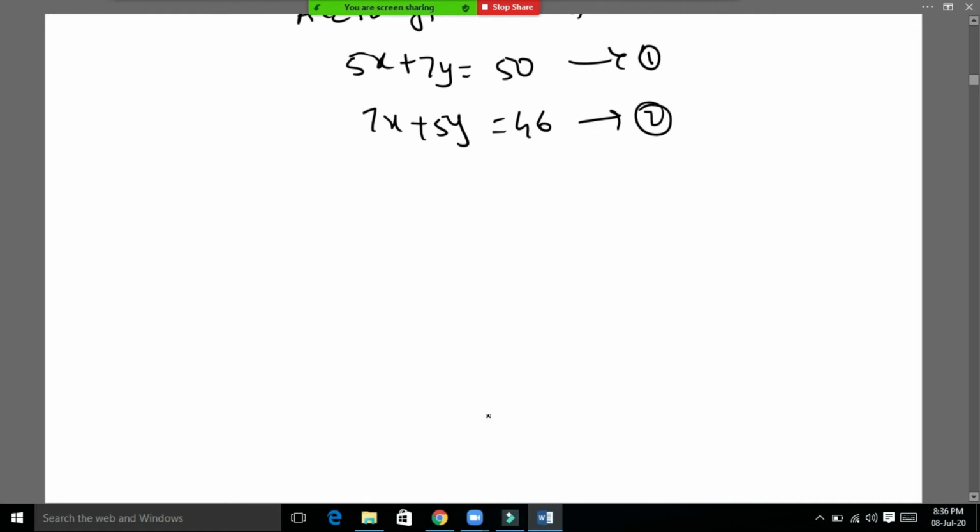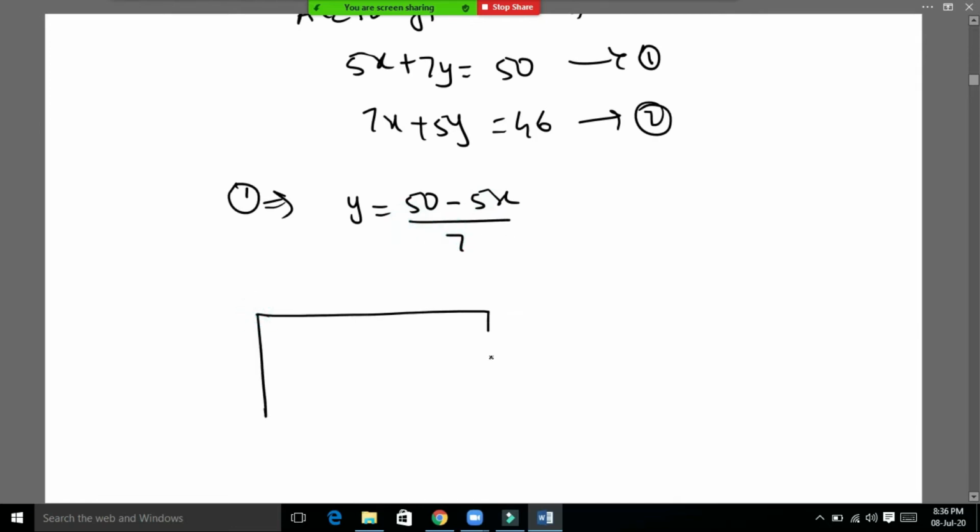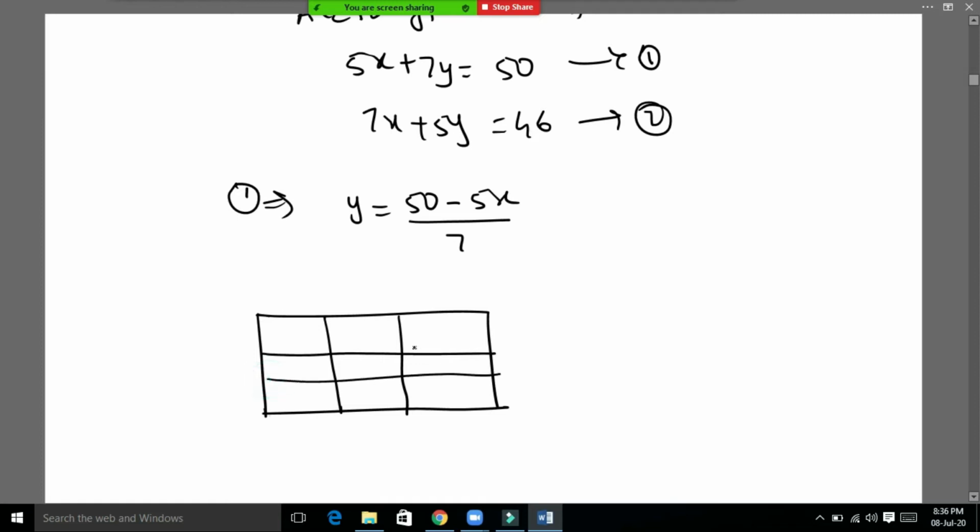So for finding it out, we draw the graph. First equation, we convert in terms of y. So y is equal to (50 minus 5x) upon 7. So we find out the coordinates of points. 2 points are also sufficient. So we take only 2 points for x and y.